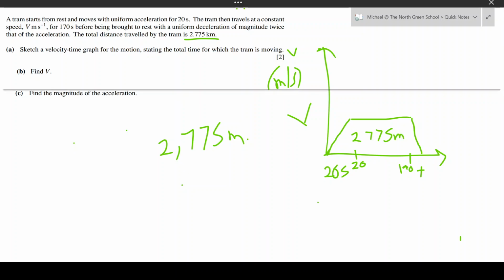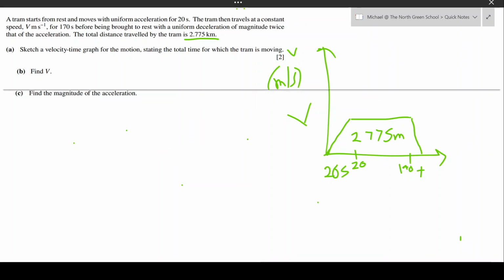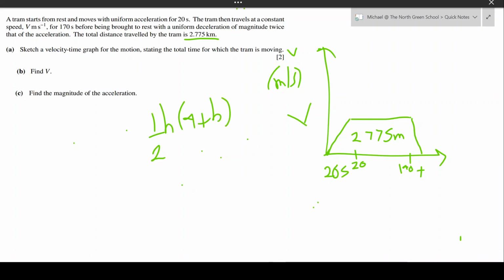And then we want to calculate the value of the time taken. So if that's the area of the graph, let's see if we can actually calculate this. Okay, so we want to find the total time. What next? Well, we don't know what to use here. If we try to use the area of that trapezium, we would say a half times the height times a plus b is equal to the area underneath, which is 2,775.